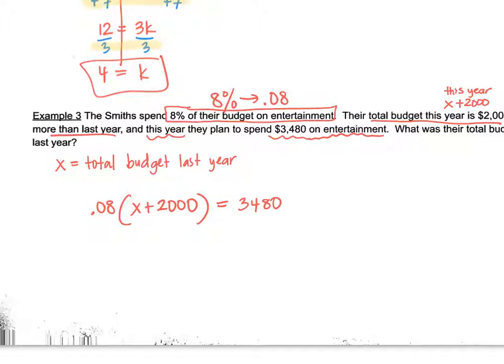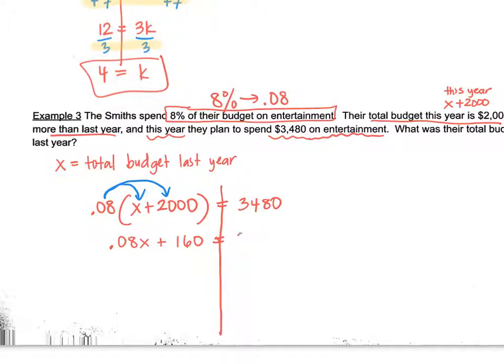Okay, so let's go through and solve it by first distributing. So step number 1, let's multiply. 0.08 times x is 0.08x, but then 0.08 times 2,000, you can just put that into your calculator, is 160. And I forgot to draw my fence, so let's do that now.